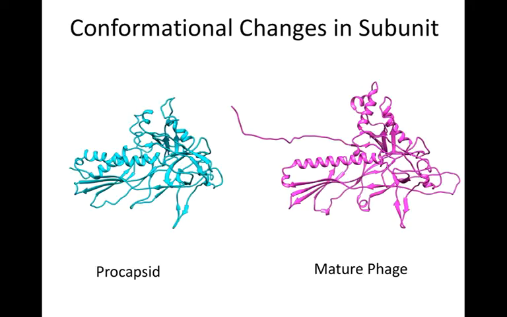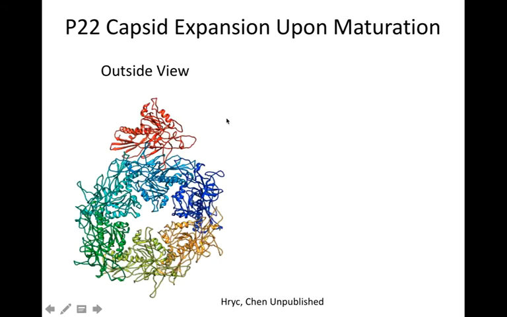So in the next slide, I will put both of these structures together to give you a sense of how this conformational variation actually takes place. Here is a movie in which I morph two asymmetric units. First, these are the asymmetric units of the procapsid without the DNA.